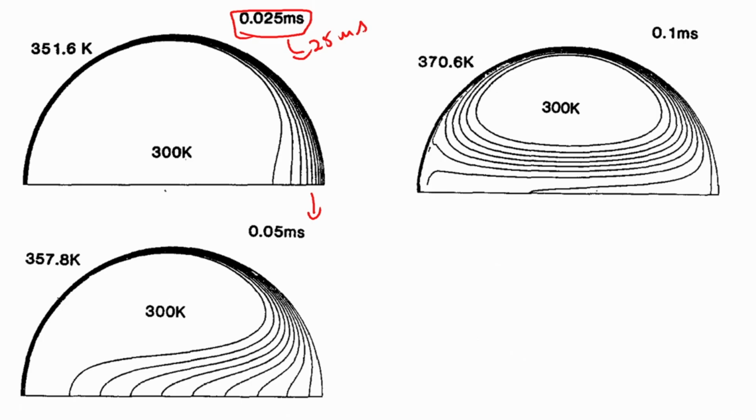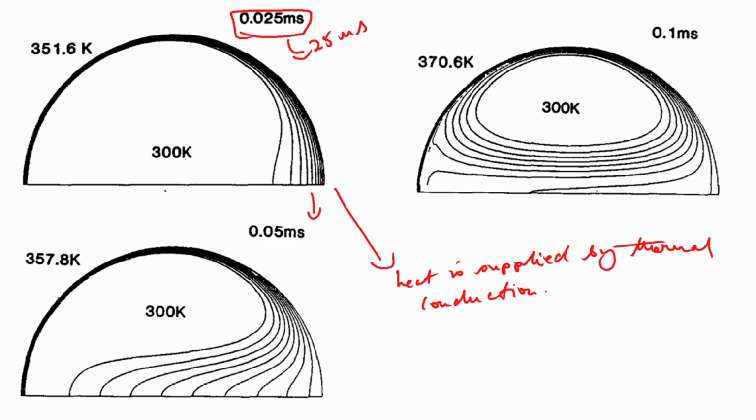What is happening over here, if you look at the liquid isotherms in this very short time, is that heat is basically supplied by thermal conduction, mainly by thermal conduction.